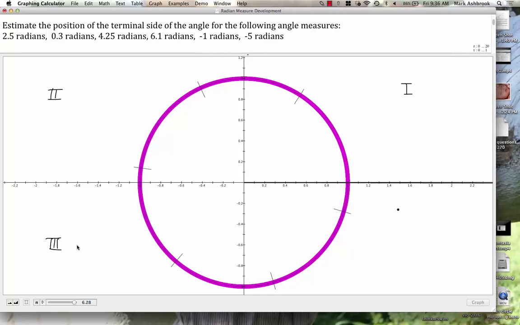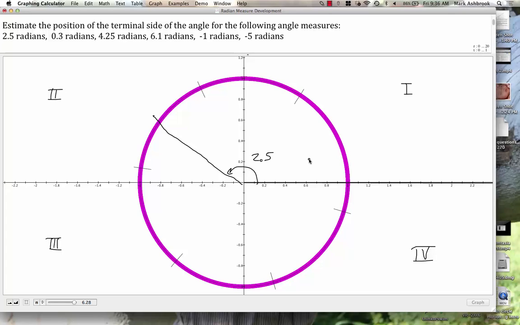How could you describe exactly where it is? Right, it's going to be right here. Something like that. 2.5 radians.